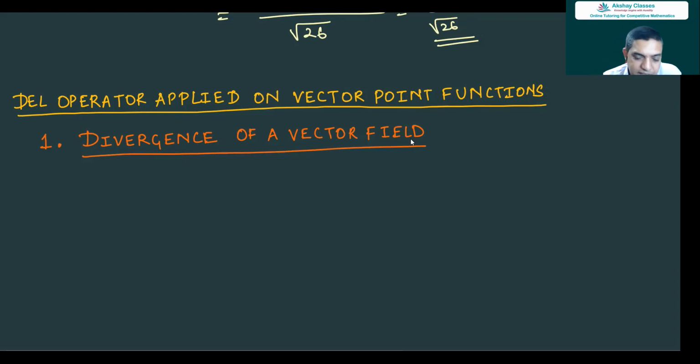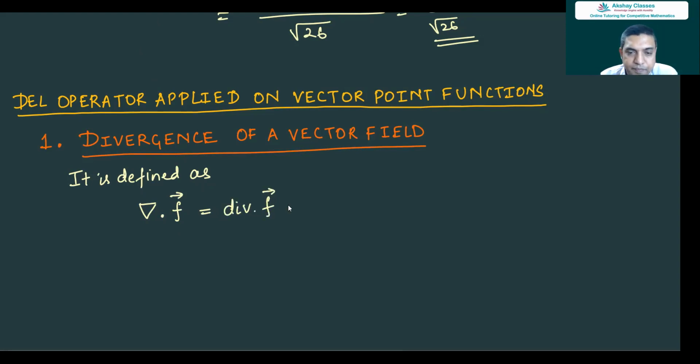Now this is defined as del dot F, or you can write this as divergence of F. See what it is.